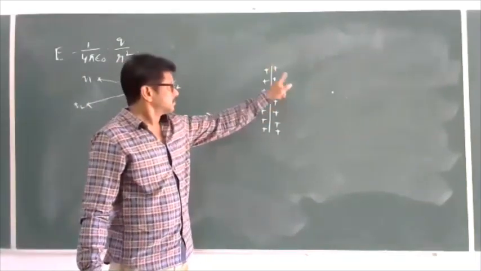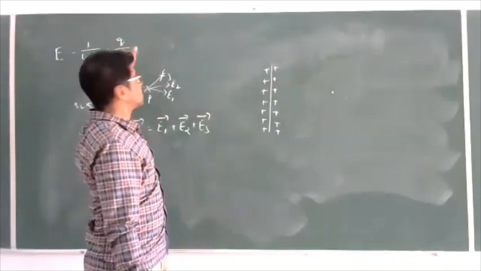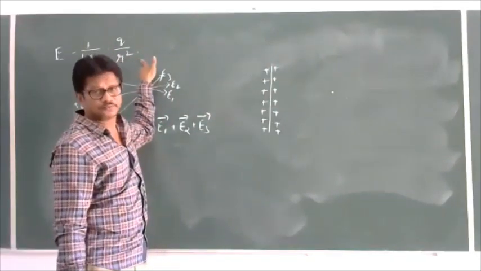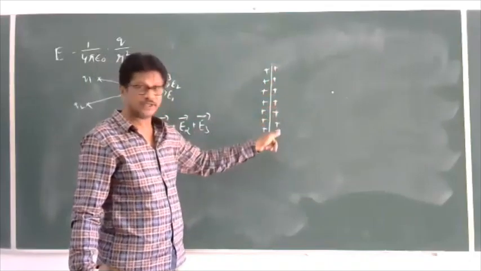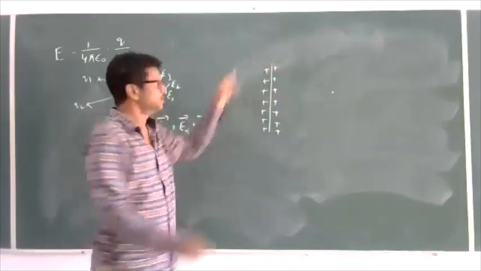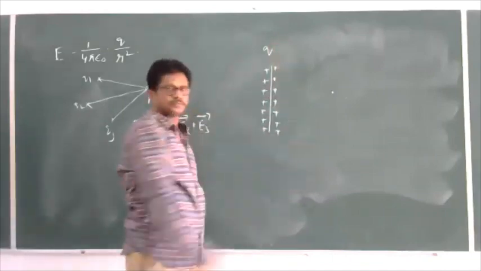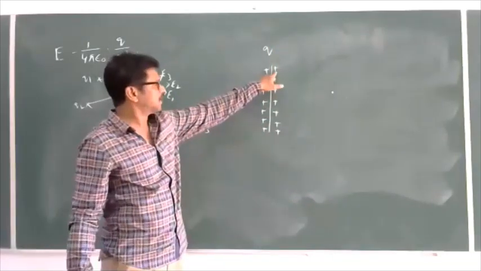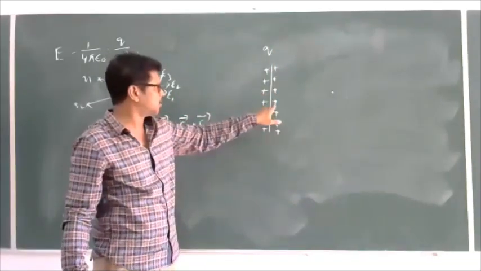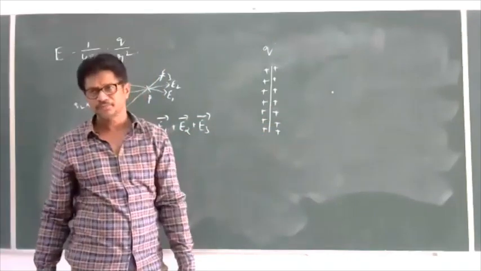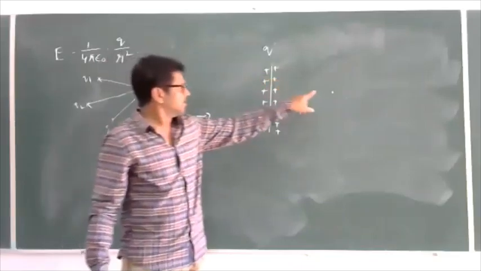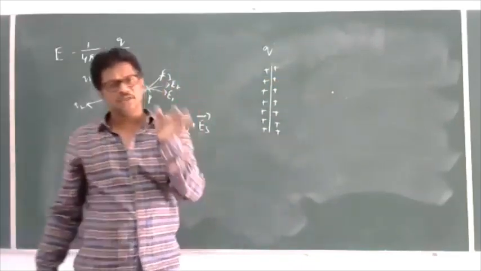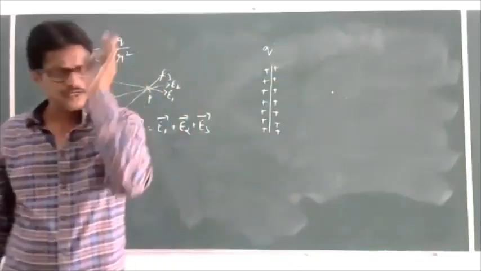Then we cannot make use of Coulomb's inverse square law now. Why? Because we don't know how much charge is located here, though we know the total charge Q. So finding the electric intensity by using Coulomb's inverse square law is very difficult.